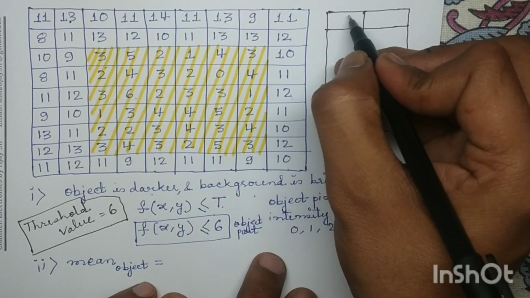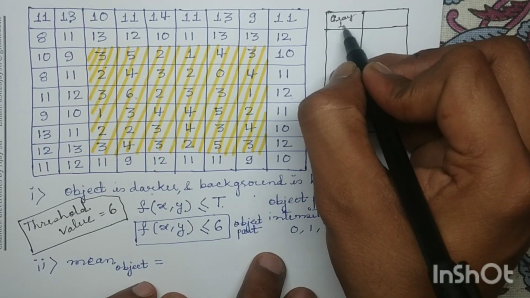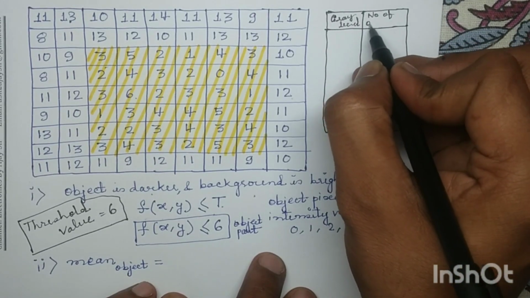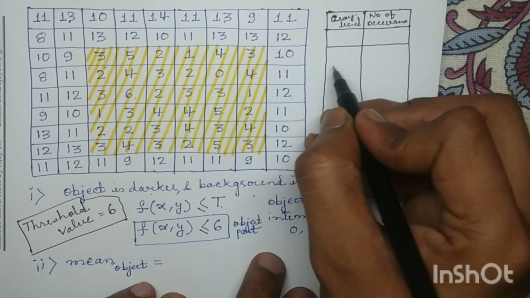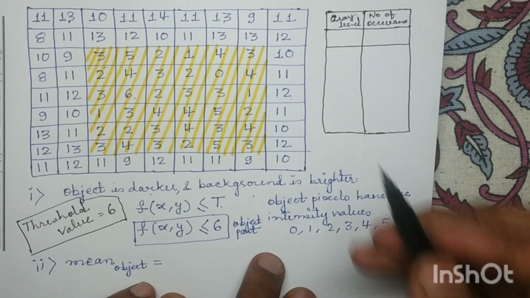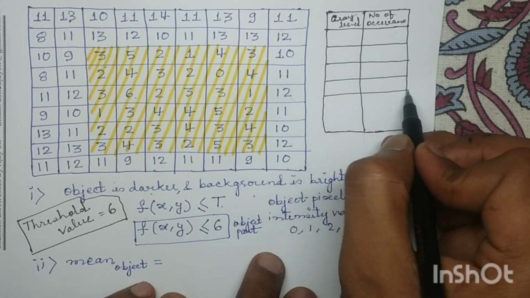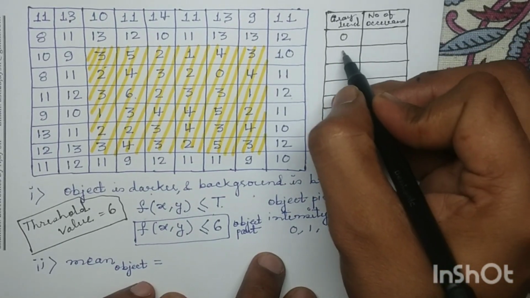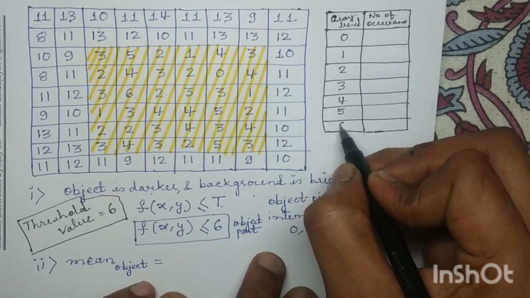Here I will write the gray level value, and here I will write its number of occurrence. In my object part, the different gray levels are 0, 1, 2, 3, 4, 5, 6.